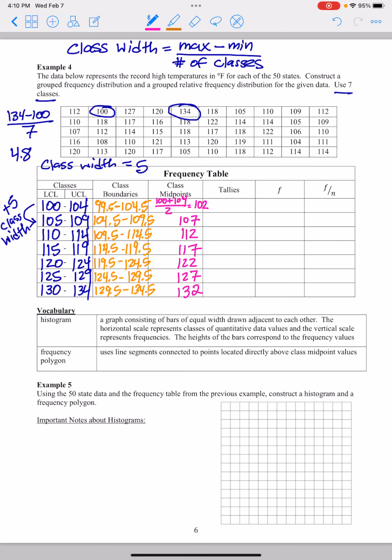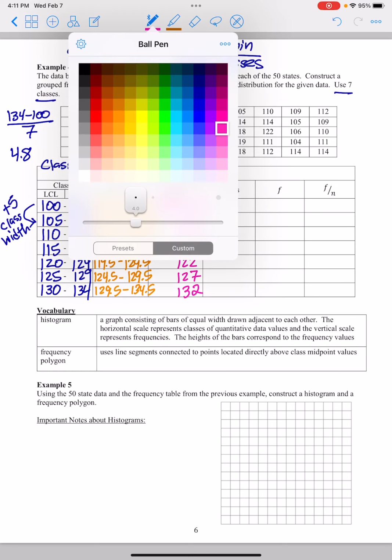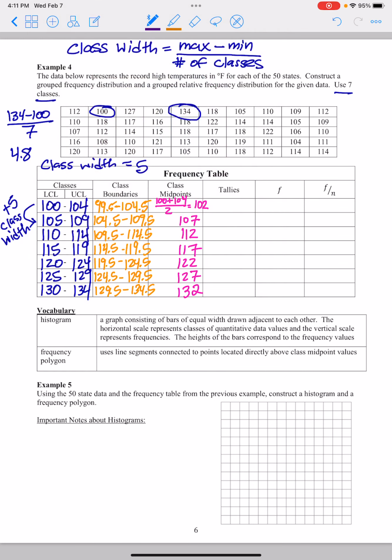All of these things are not required for a frequency table. A frequency table requires you to have the classes, so the lower class limit and the upper class limit, and then also your frequencies. So this column here, this is our frequency. And this one is going to be the relative frequency.